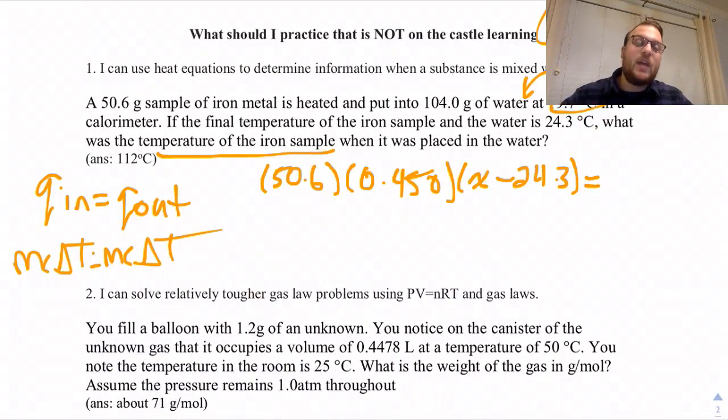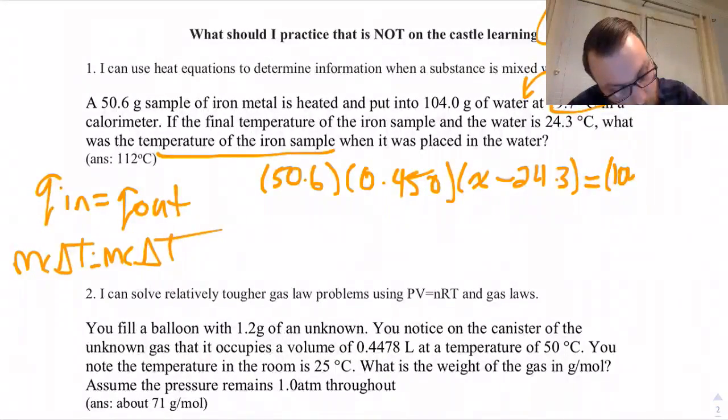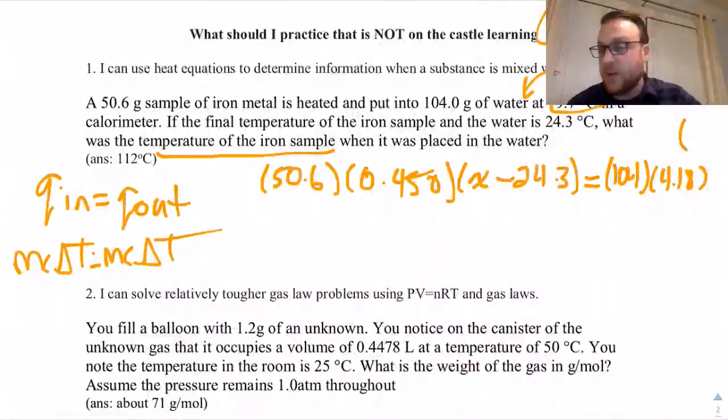Usually, but based on the fact that we know iron is losing the heat, I don't want us to get a negative answer and then report a negative temperature. So just keep that in mind. And that will be equal to the mass of the water, which is 104, times the specific heat of the water, which is 4.18, times the temperature change of the water, which is 4.6. So 24.3 minus 19.7 is 4.6.